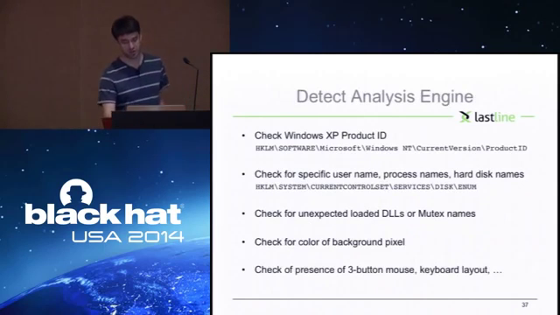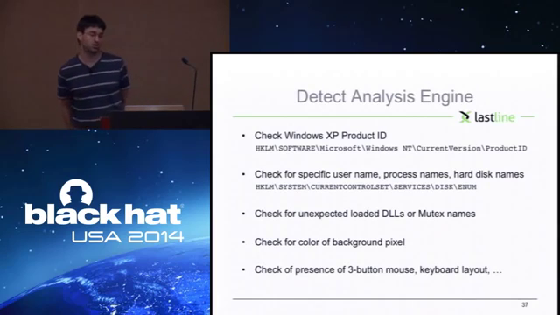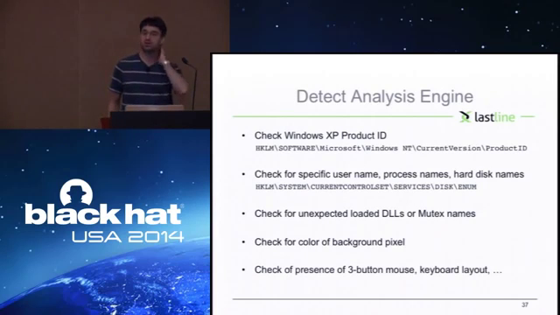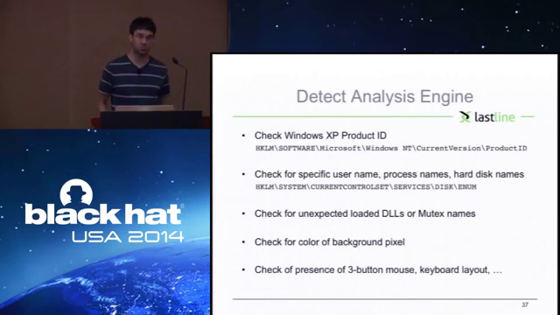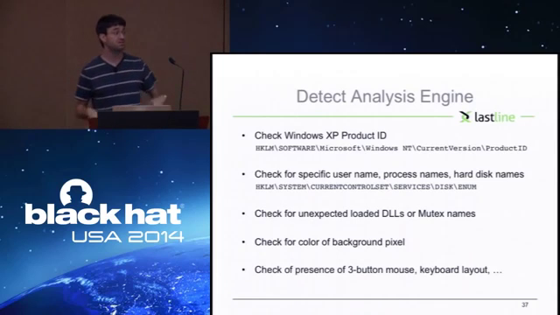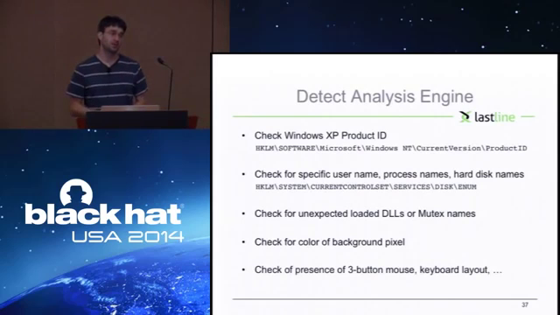So what you might want is to detect the actual analysis engine. For example, in the case of Anubis, and a lot of other sandboxes, especially if they make available the reports that they generate, malware authors create little programs that check, for example, for the Windows product ID, or a specific username, or process names, or hard disk names.